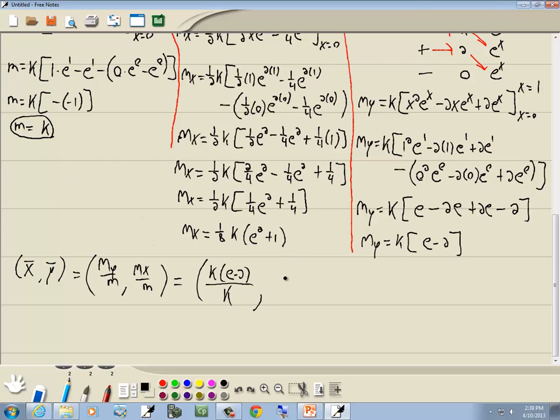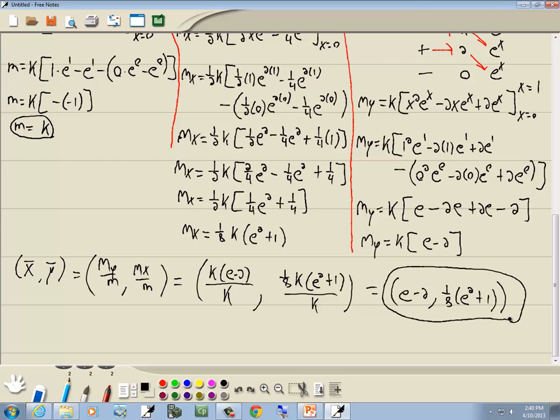And then m sub x is this one. So we got 1/8 k times e squared plus 1 over k. Now k is going to cancel, and we're going to have e minus 2, comma, 1/8 times e squared plus 1. Assuming no basic math error anywhere. That's our center of mass. So let me go ahead and save that.